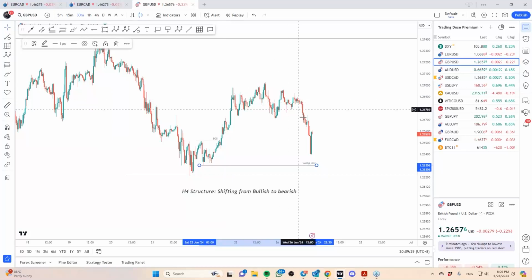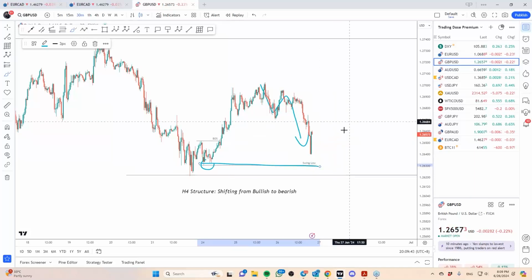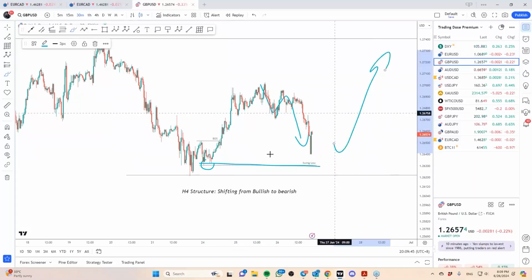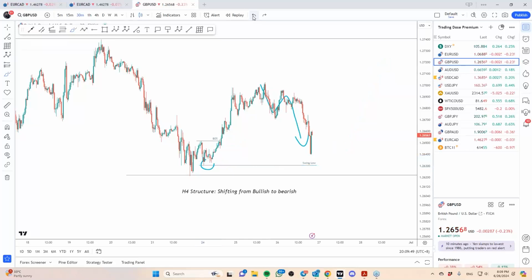And then as the market is pulling back, right now we have an internal shift. If you go to the lower time frame, what we have here is an internal bearish shift, right? But on M30, as long as this low is still there, we are M30 bullish still, because we have this break of structure, this low is still in control.